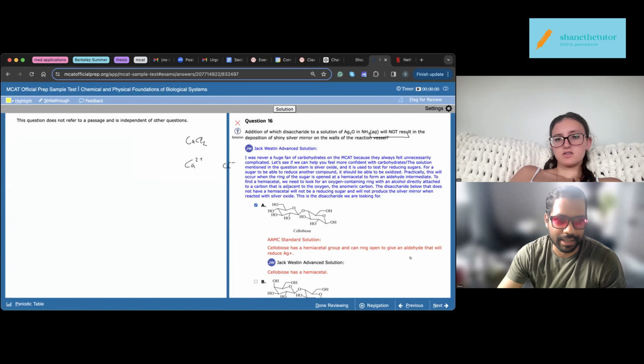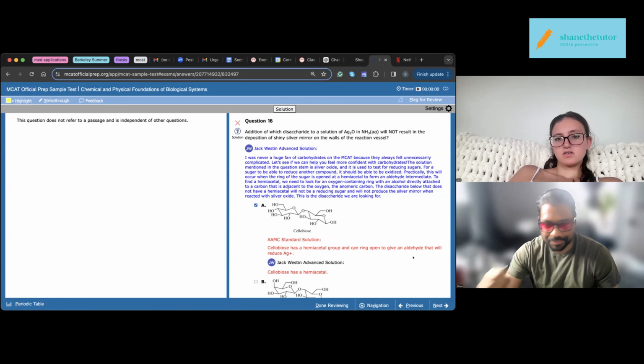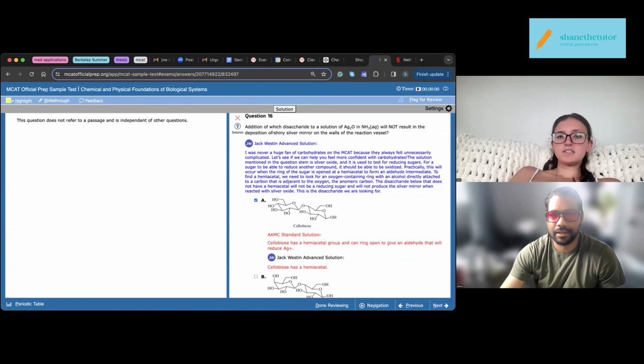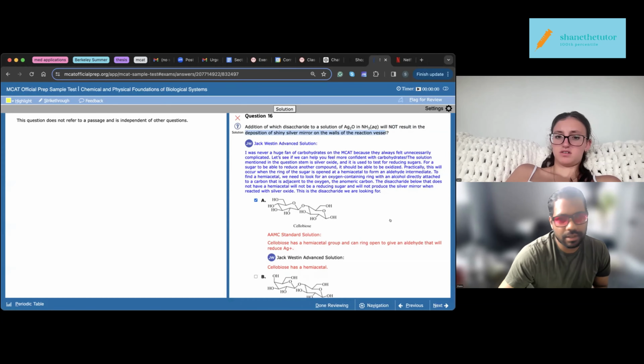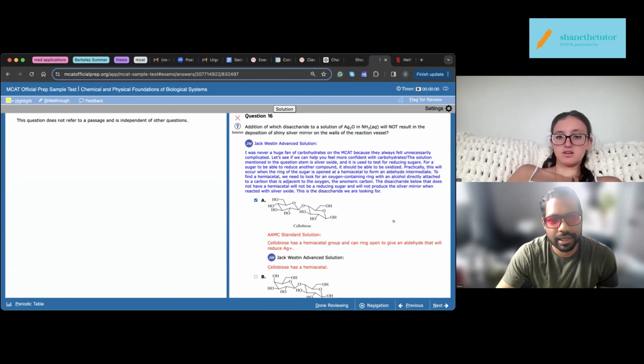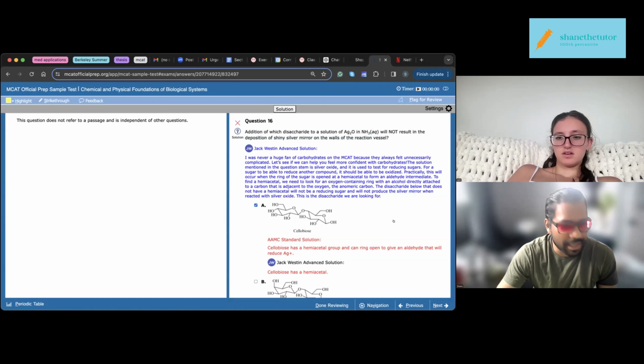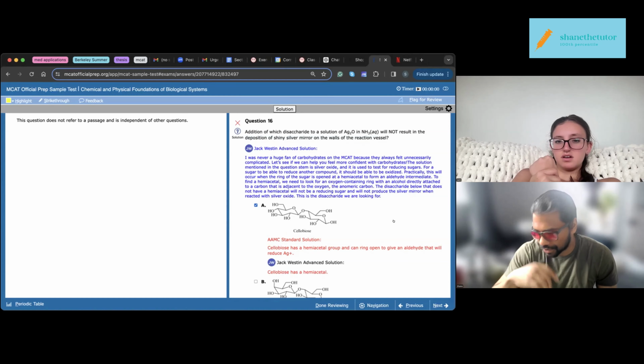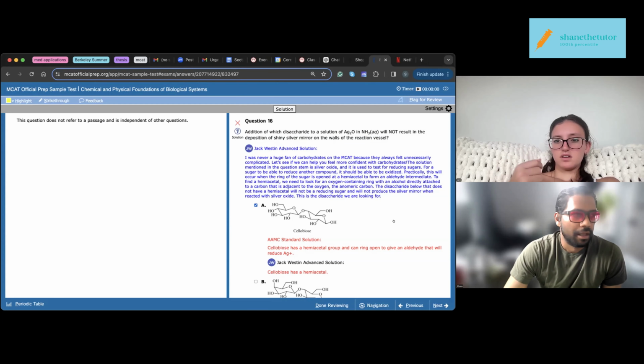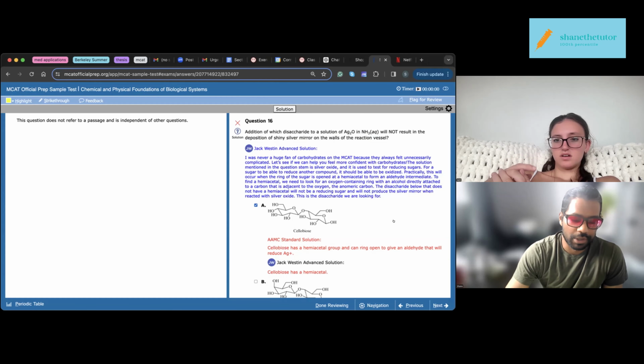And then this is the reducing sugar thing. What is the shiny deposition of a shiny silver mirror on the wall? There are two different tests that you'll see. I think there's Tollens' test and Benedict's test. They're tests for reducing sugars. One of them uses silver, another one uses copper.